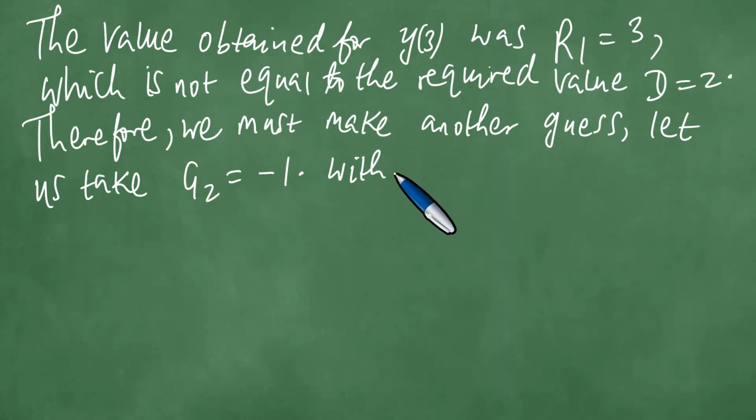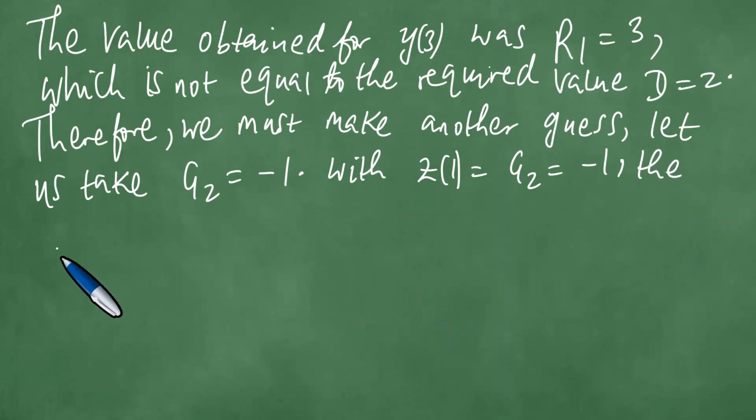We need 2 guesses because if we make 2 guesses and they miss, then the third one is going to be the average, and normally it is able to get the desired result y3 equals 2. So let's see the -1 and see where it's going to lead us. Okay, so with z1 equals guess number 2, which is -1.